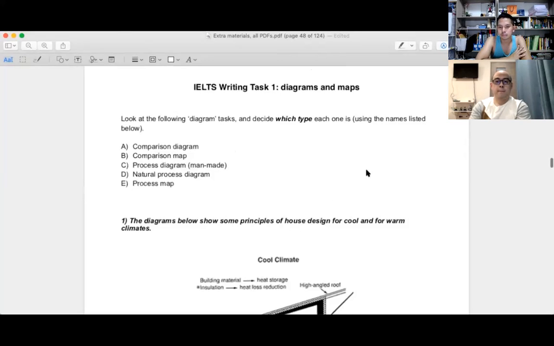So the cool weather is cold, so the sun will go into the window from here, so it will keep the heat inside. Insulation means to stop, to separate, okay? To separate the inside of the house from something outside.